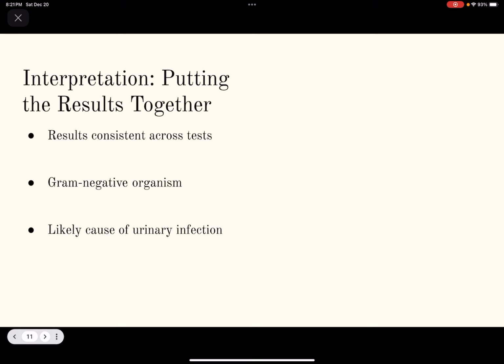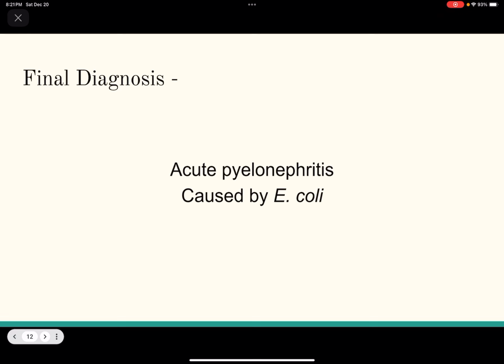So for me, it just showed that the infection came from what seemed to be E. coli, and that would be the most likely organism. So the final diagnosis was acute pyelonephritis caused by E. coli.